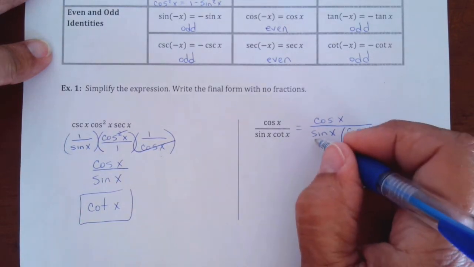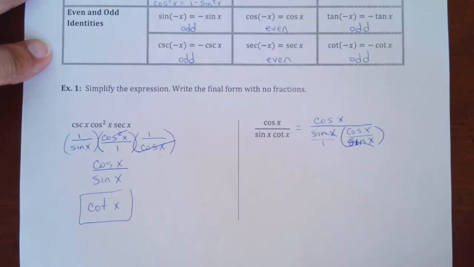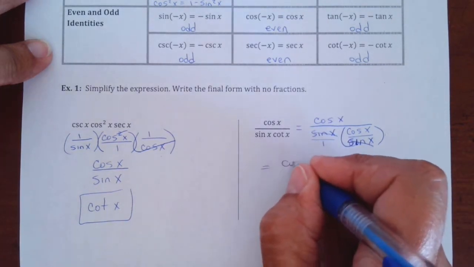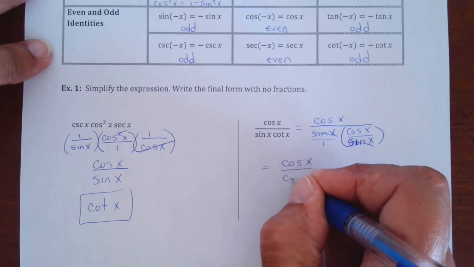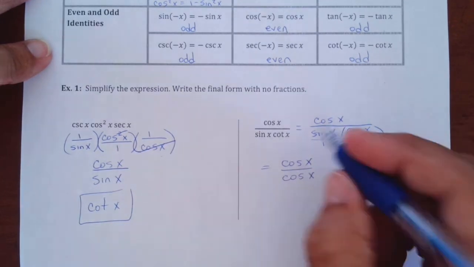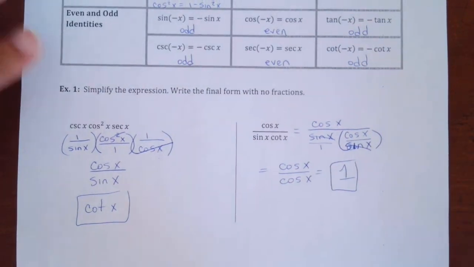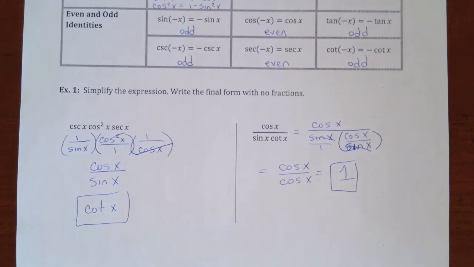All right, so remember that the sine of x is over 1, so the sines of x will cancel. So now we're left with the cosine of x over the cosine of x. Cosine in the top and cosine in the bottom, and that obviously reduces down to the number 1. So that's the simplified version of that.